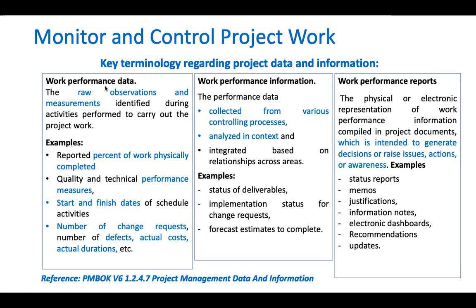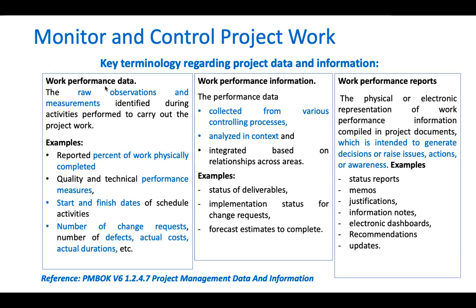Then work performance information is the performance data collected from various controlling processes, analyzed in context, and integrated based on relationship across areas. Example is status of the deliverable, implementation status for change request, and forecasting estimate to complete, how much time it will take to complete.